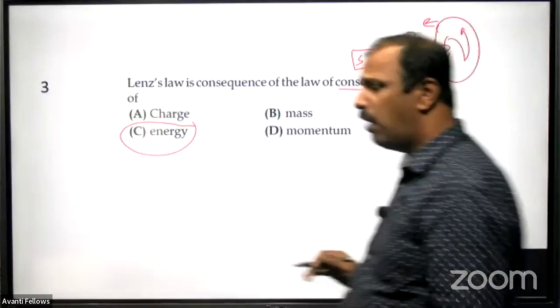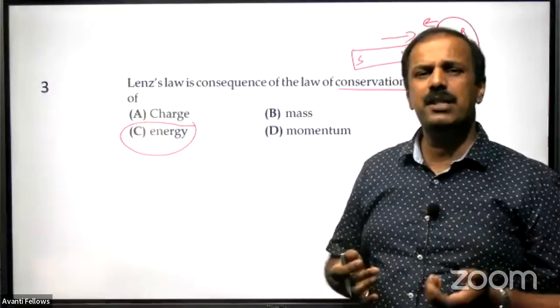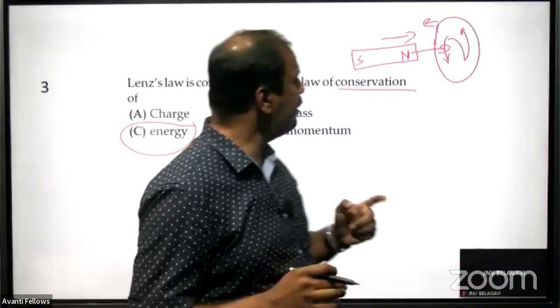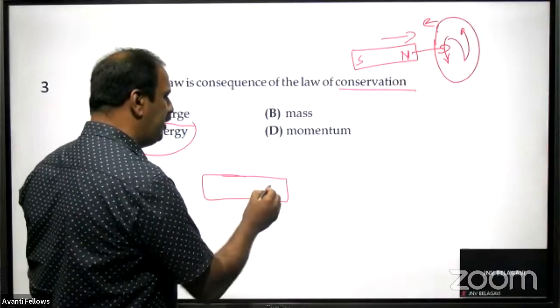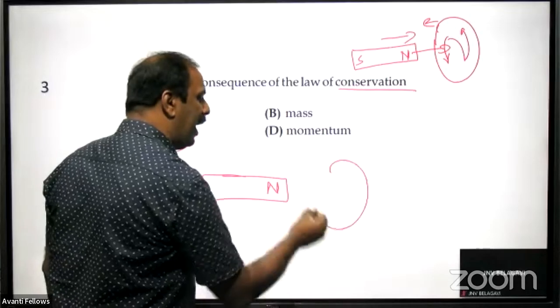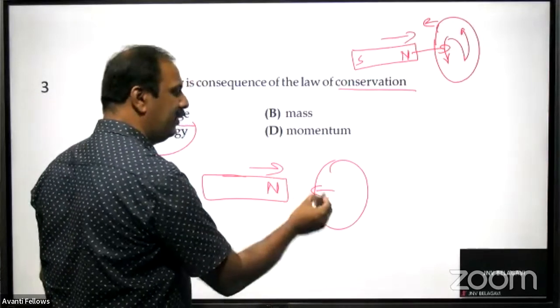I will explain how it is related to the conservation of energy. For that, we have to think about what the situation would be if it happened the opposite way. You have the magnet and you are pushing it towards the loop. As per Lenz's law, it is pushed back.